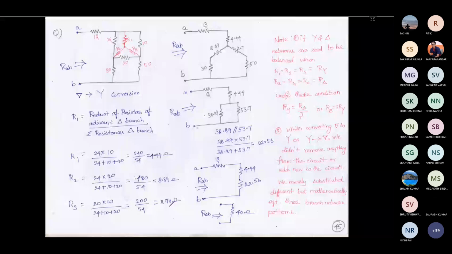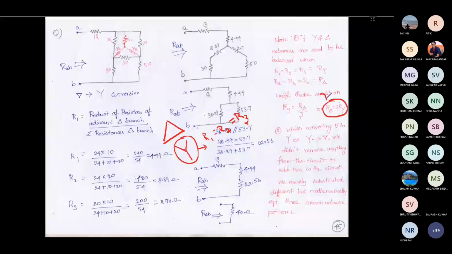In case you have a delta combination or a star combination, if all the resistances in the star are the same, for instance R1, R2, R3, if all these values are the same, then instead of using the formula, you can directly write the delta value as 3 into Ry.